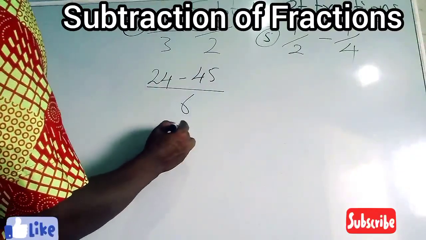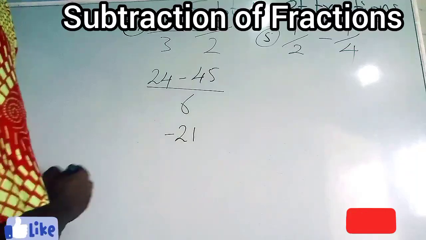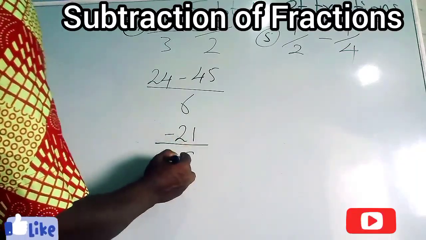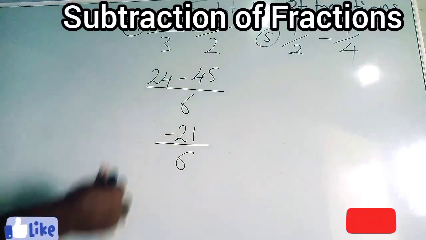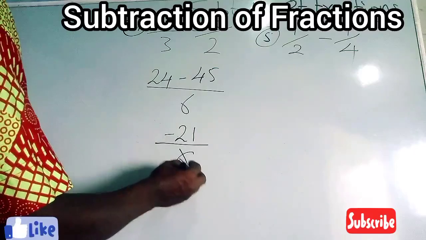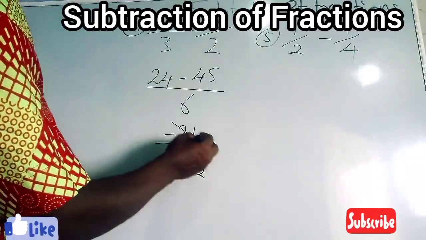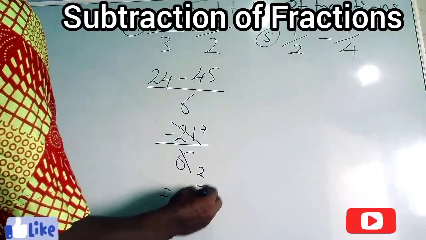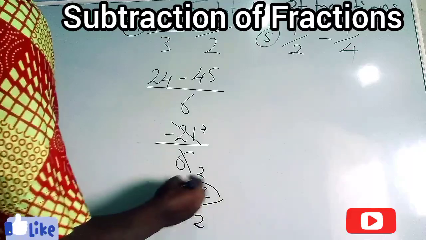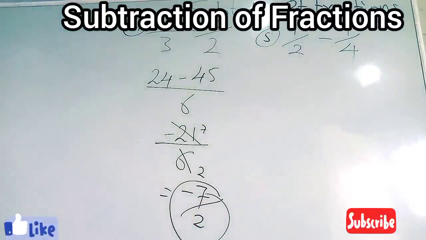So you should be having negative 21 all over 6. Is there a number that can break this one down and break this one down? If there's a number, let's break it down. I believe 3 can go here 2 times and 3 can go here 7 times. So you should be having negative 7 over 2 as your final answer.